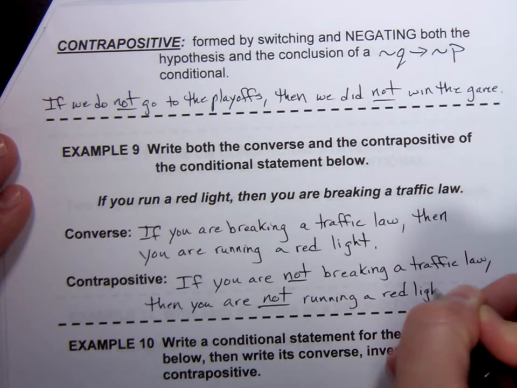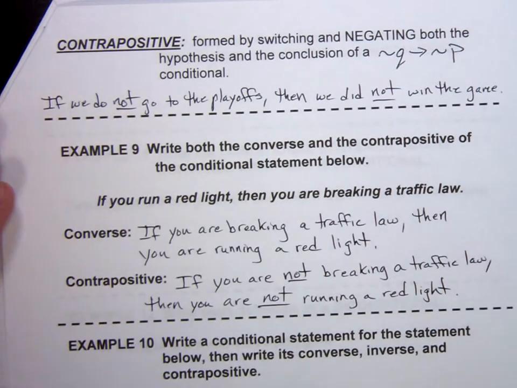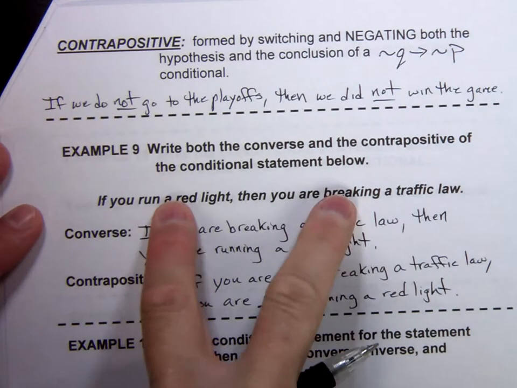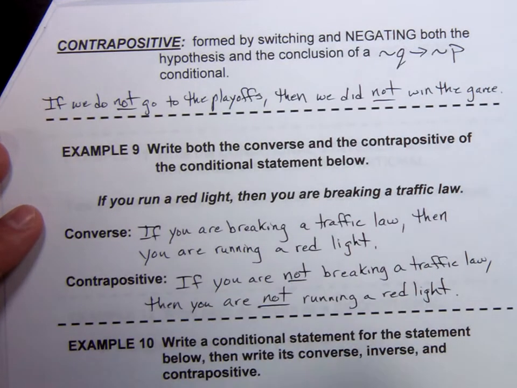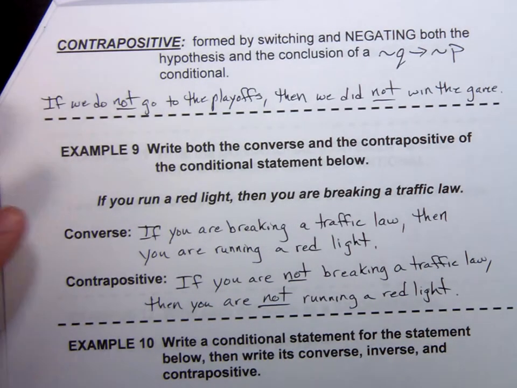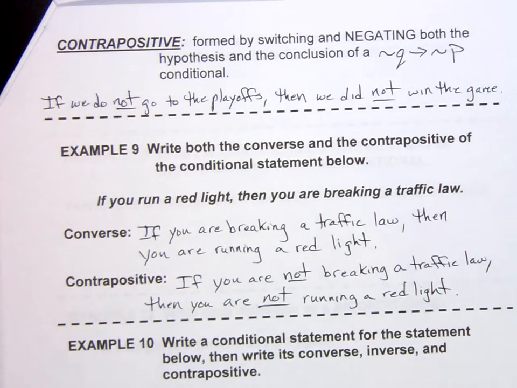So this would be our contrapositive. Notice from the original conditional statement, P and Q have been switched, and we've added the negations into both parts of that statement. If you are not breaking a traffic law, then you are not running a red light.